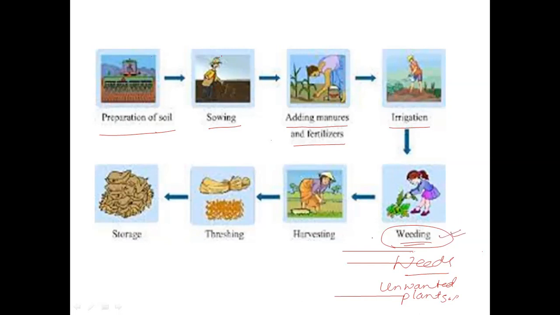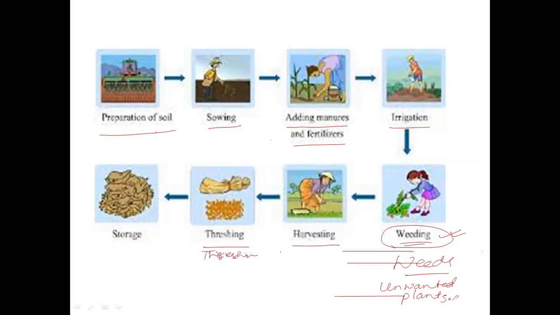After we have done all this, when our crop has grown to a certain height and has started bearing fruits or grains, we need to harvest them. We need to cut them. So after harvesting, what happens? Threshing.